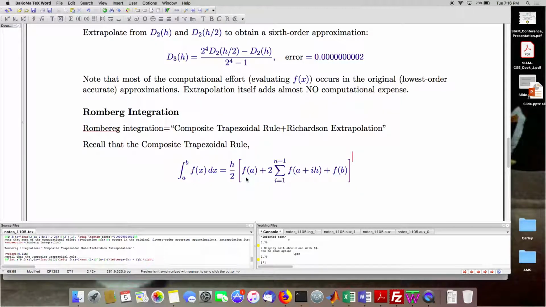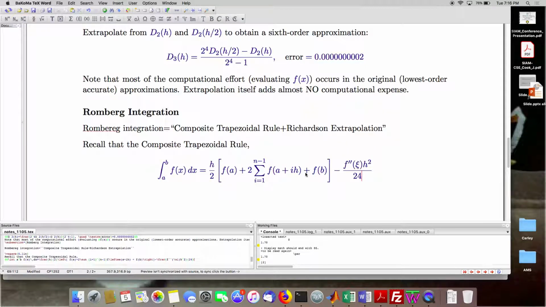That's the composite trapezoidal rule approximation, where it is evaluating f at many points that are spaced h apart, and then there's the error. Okay, wait, that's 12, not 24. So the error depends on the second derivative at an unknown point in (a, b), and then h squared over 12.